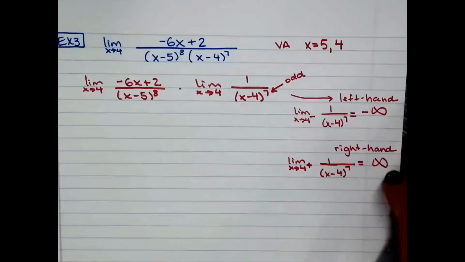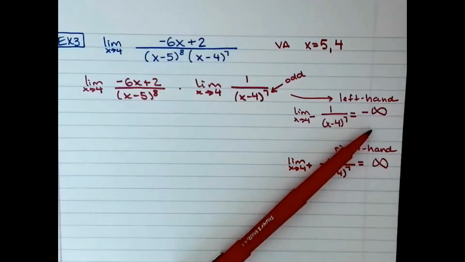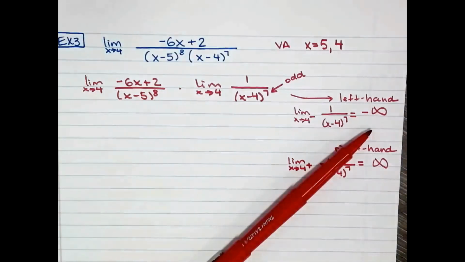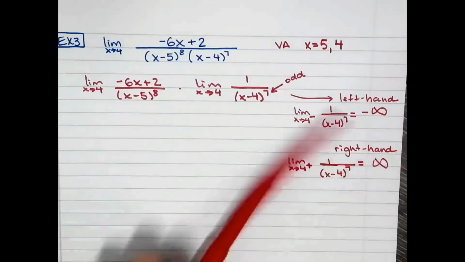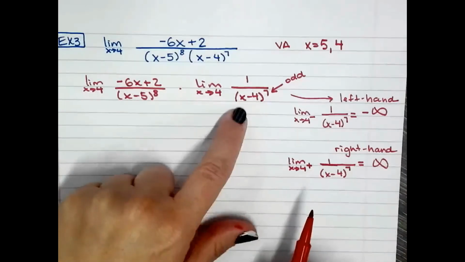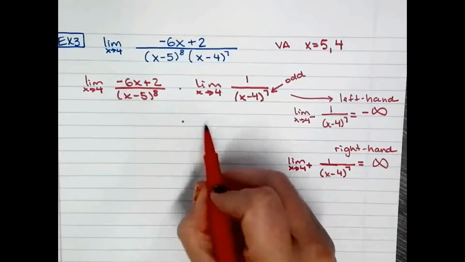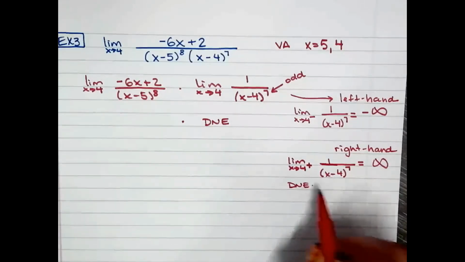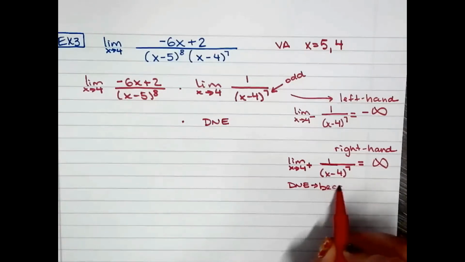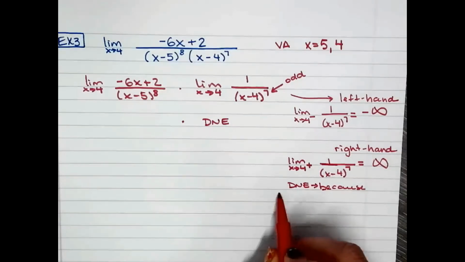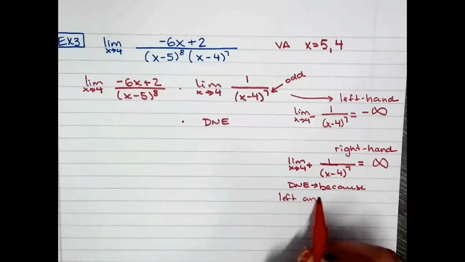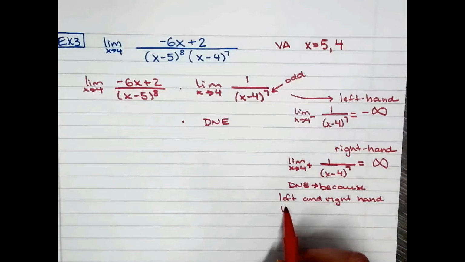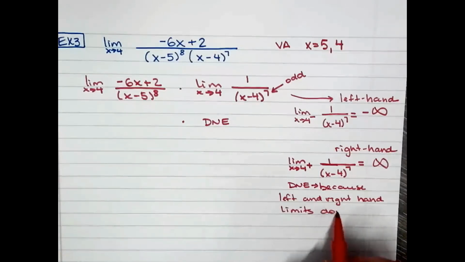And in this case, they don't agree. So that means this limit right here doesn't exist. Does not exist, because left and right hand limits don't agree.